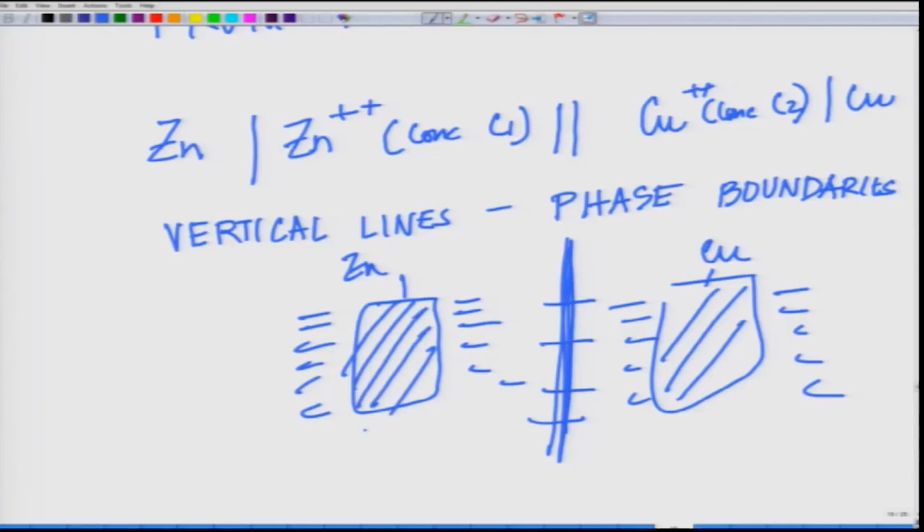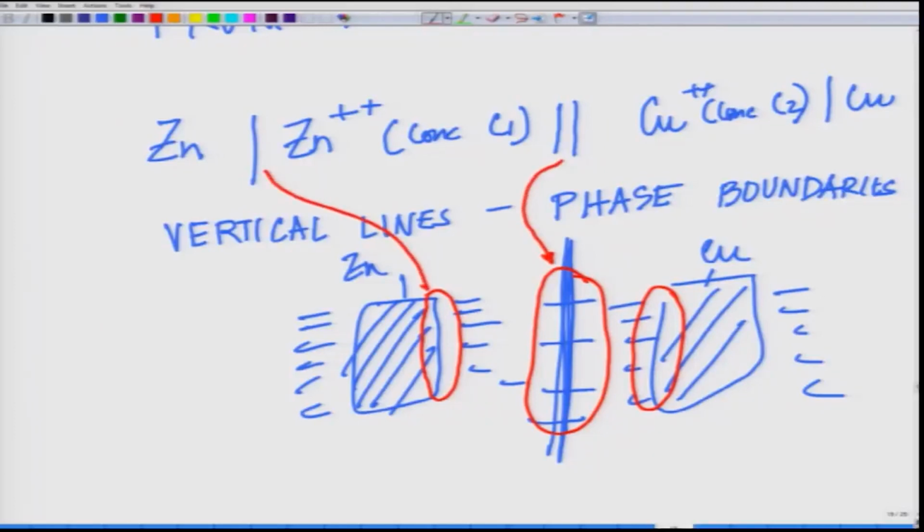So, the first phase boundary is here and the second phase boundary is here. That is why there are different phase boundaries, and these vertical lines are indicating them. This is a phase boundary shown by the double lines, and this is another phase boundary, the third phase boundary. So, there are three different phase boundaries. This is where chemical reactions are happening.